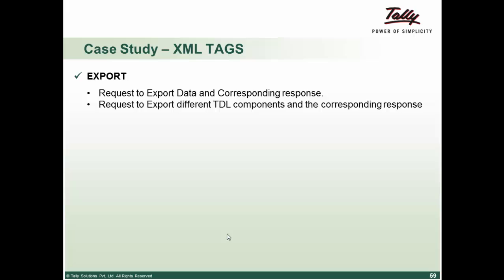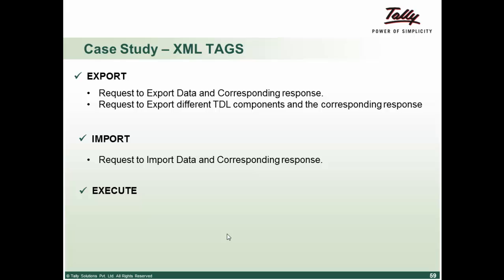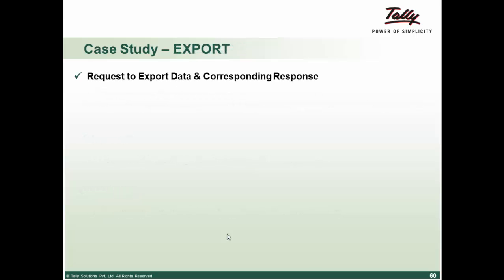Request to export different TDL components and the corresponding response. Then for import, we'll see request to import data and the corresponding response. And for execute, we'll see request to execute action and the corresponding response. So starting with the request case study to export data and the corresponding response.